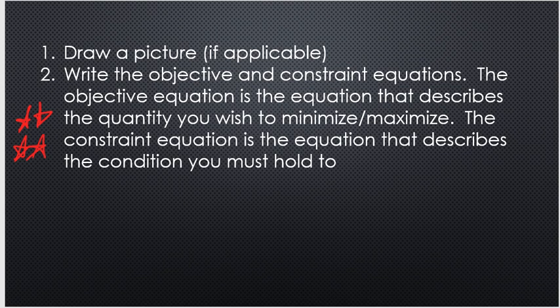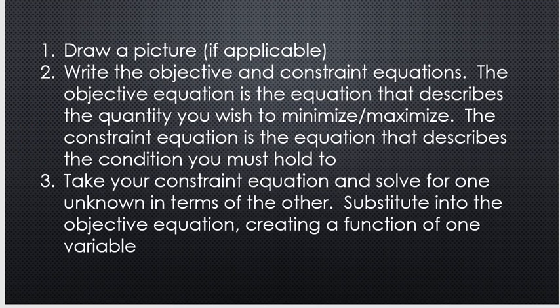Your constraint equation is always going to be something involving your 2 unknowns being equal to some number. It's always going to equal some finite quantity. So constraint, something with 2 unknowns equals a number. The objective equation, something with 2 unknowns equals a letter. So very, very important to keep in mind there.